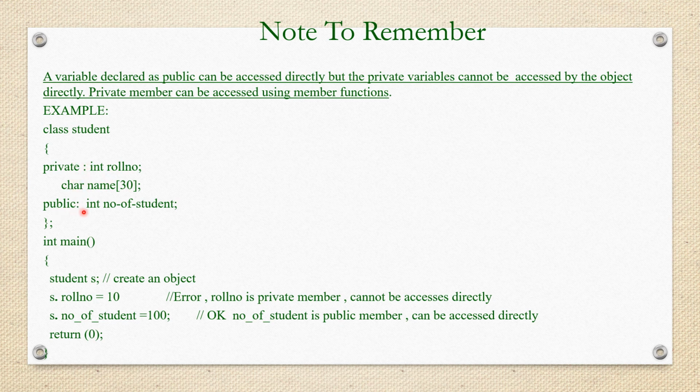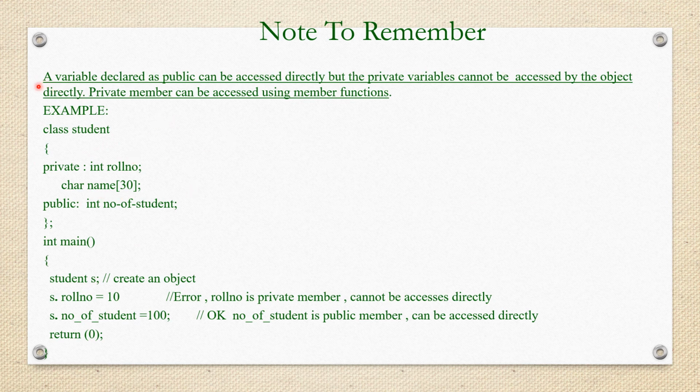And in the public access specifier, we have explicitly declared one int number of student. Now this int number of student can be accessed in void main, but your roll number and name you cannot access in the main function. Why? Because roll number and name are declared in the private access specifier.